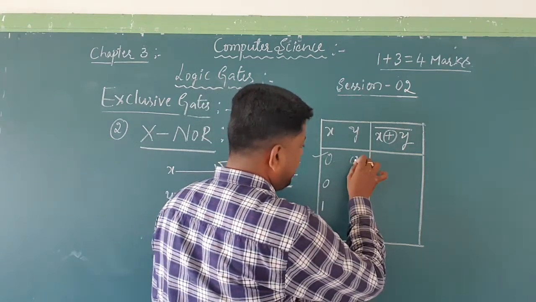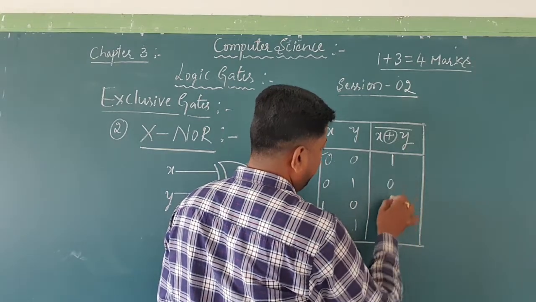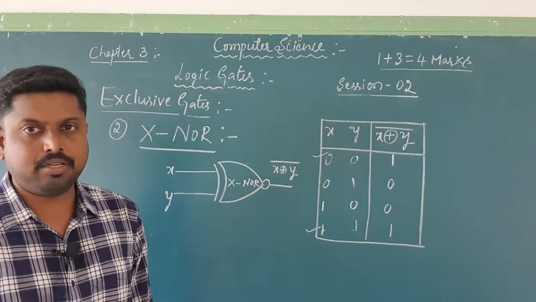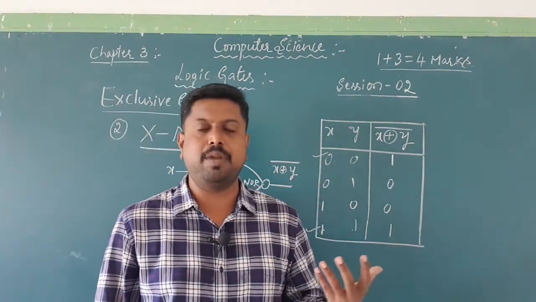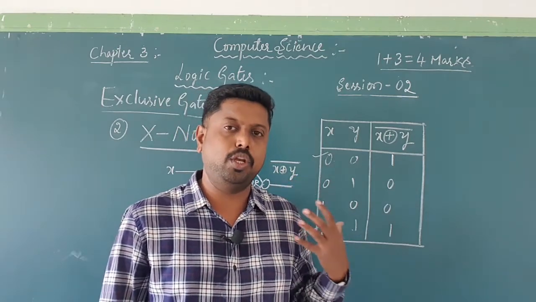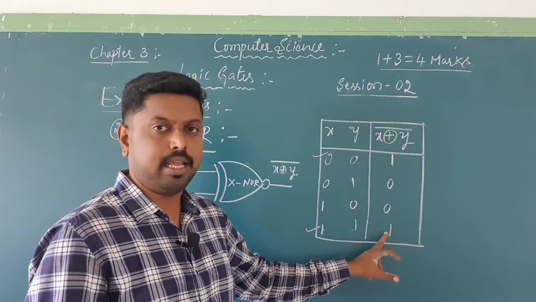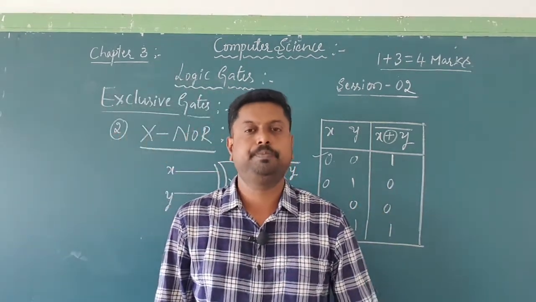For these conditions the result is 1, and in all other cases the result is 0. Correct? So this is the truth table explanation for the exclusive NOR gate. When both inputs are the same, the result is 1, otherwise the result is 0.